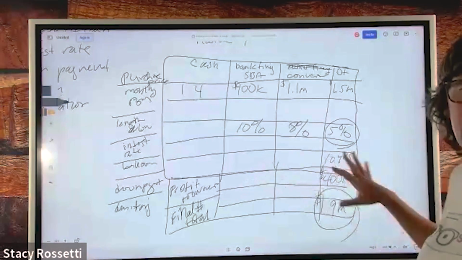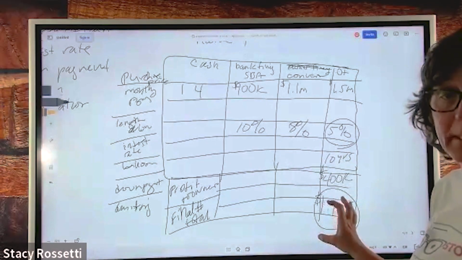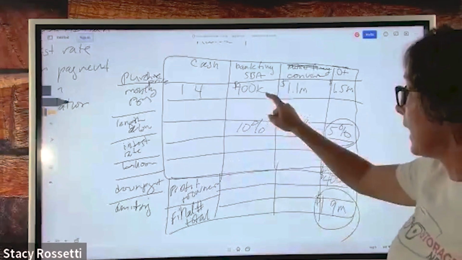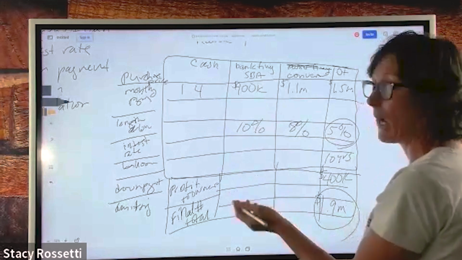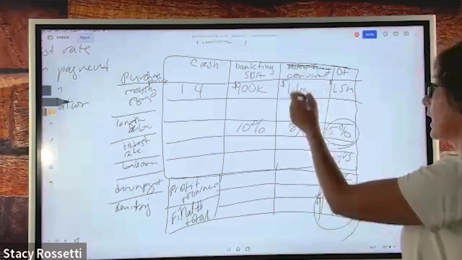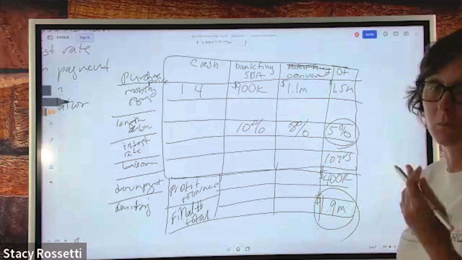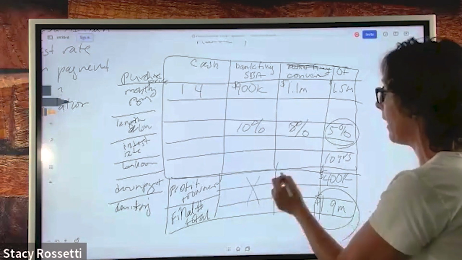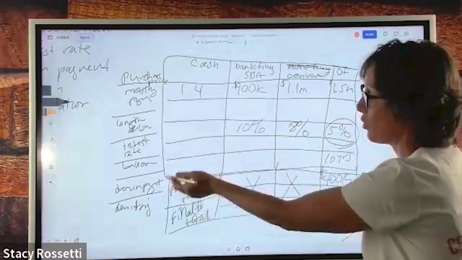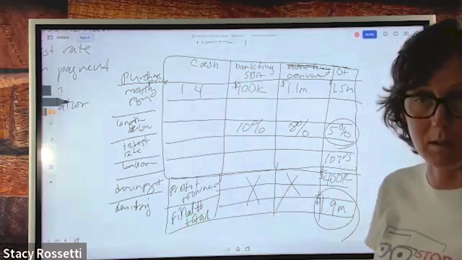So you're showing that in this table. Whereas over here, you're only going to be making 900K because that's it, we're buying it for 900K. And here you're only making 1.1 because that's it. The bank is going to make all that money. So you're not making any money on these two deals. In cash here, you make the $1.4 million.